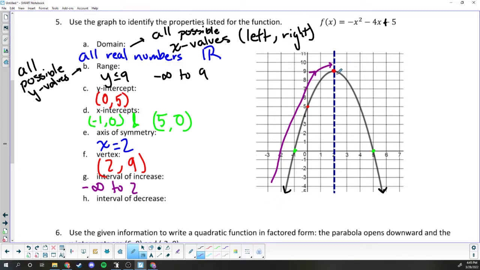I'm increasing. But as soon as I hit the peak, I'm heading down, right? I am now decreasing. I'm heading down this roller coaster, which means decreasing, my interval is 2 to positive infinity. And I'm heading down this roller coaster for all of eternity, which does not sound very fun.